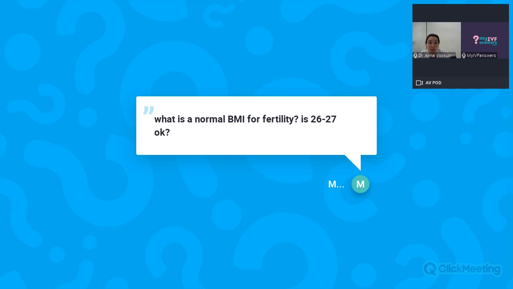So probably it's not going to be a bad BMI. But it is also important to have a healthy lifestyle and do exercise, okay, even if we have a little bit of overweight, and it can also help in that sense.